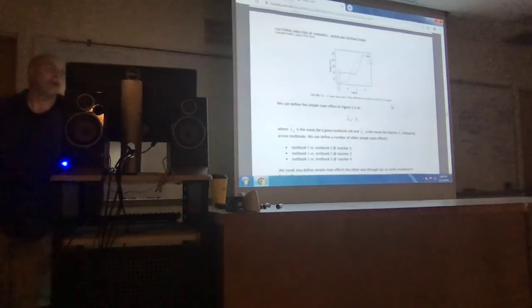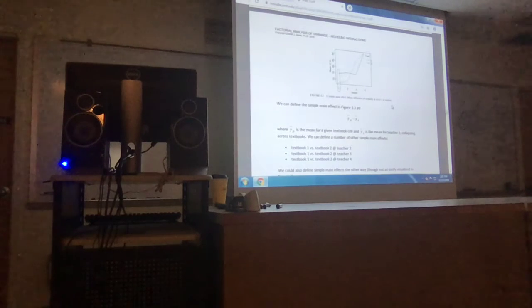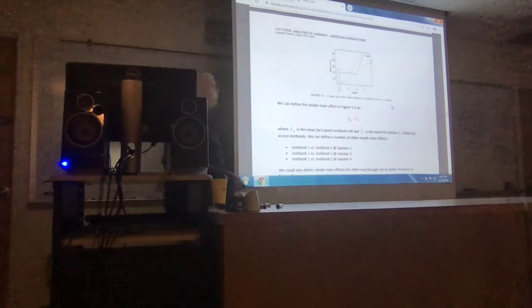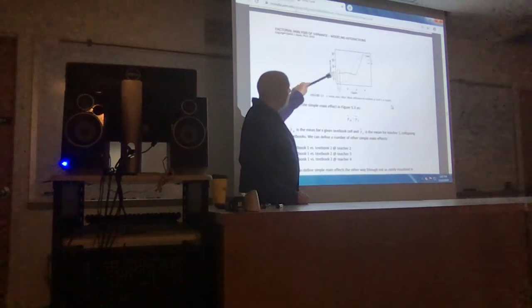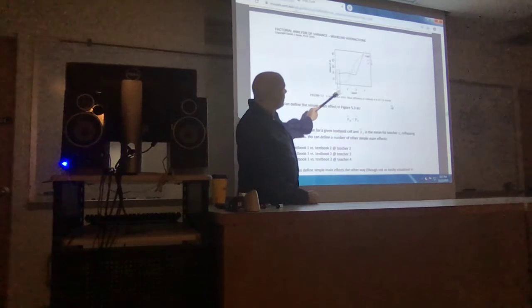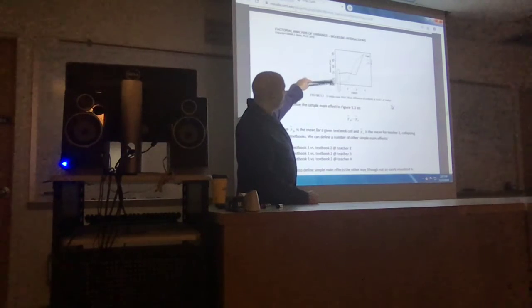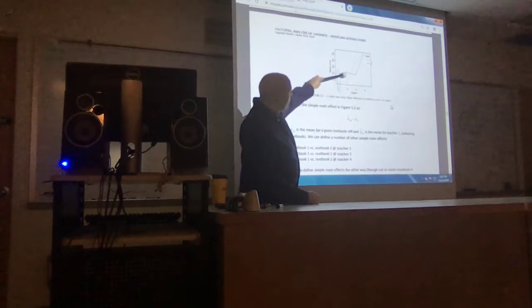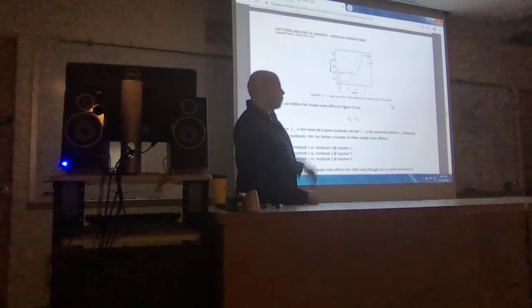It's almost there. Here's the simple effects graph, simple main effects. You have teach over here, you have achievement here, and you have type of textbook. So at teach 1, are there mean differences? At teach 2, are there mean differences? Then at teach 3 and 4.